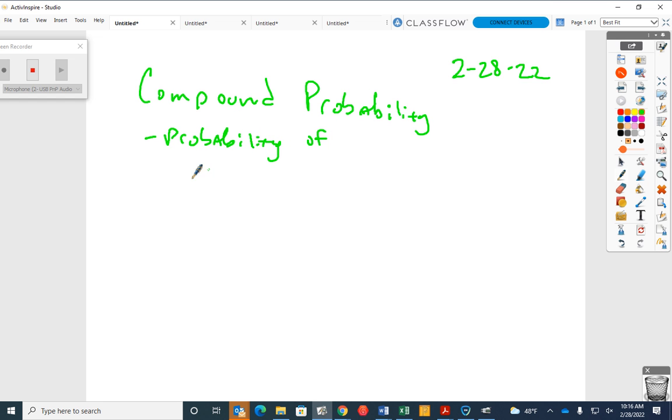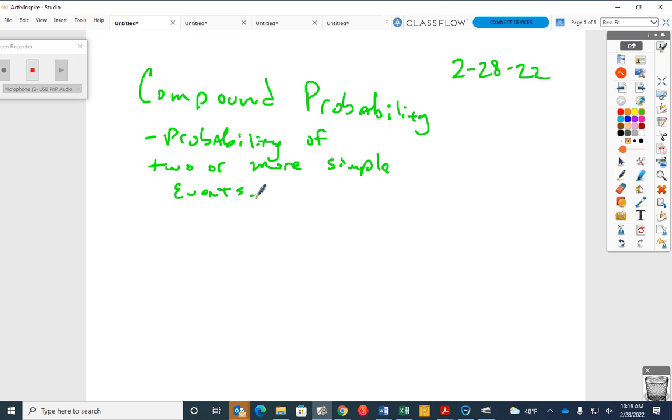Now they can be the same event or they can be different events. If I am rolling a number cube and I'm flipping a coin, are those 2 simple events? Yes. And I'm finding the probability of a result that combines both of them. Does that make sense?